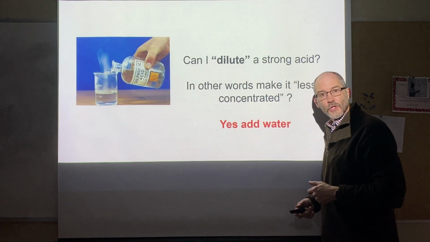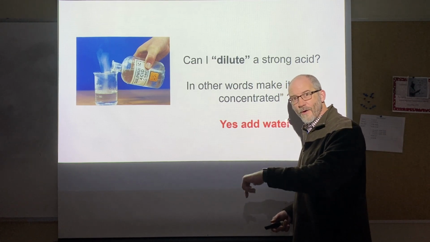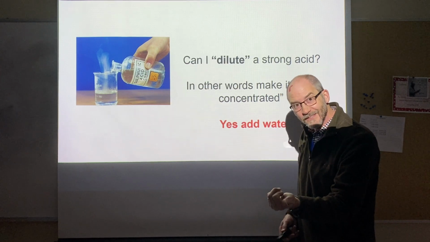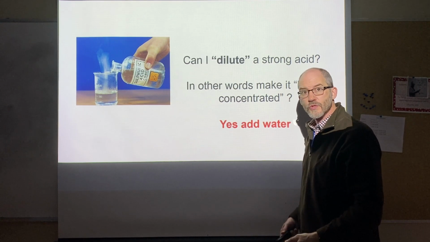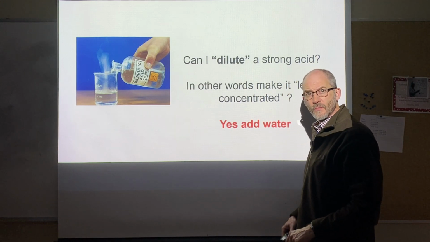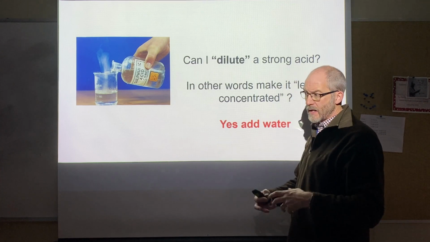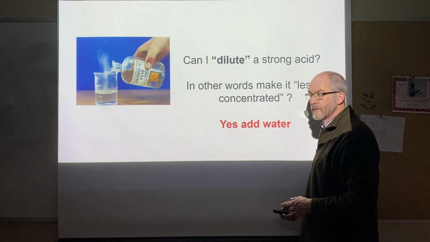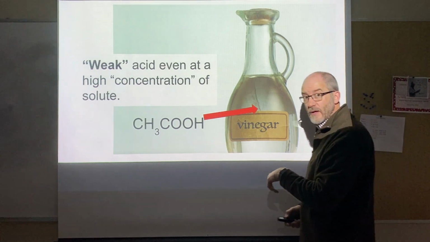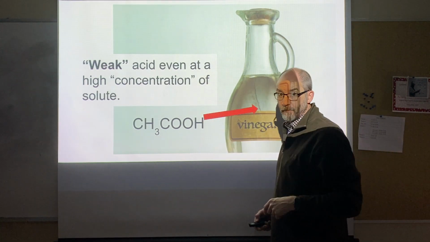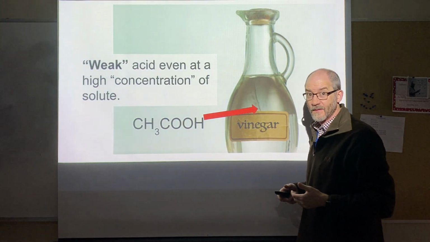You would increase the amount of water versus your solute. Well, what would you do? You would lower the concentration. Remember, concentration is about numbers. Strong and weak is about how well you come apart. You could have a weak acid that has a high concentration of this.